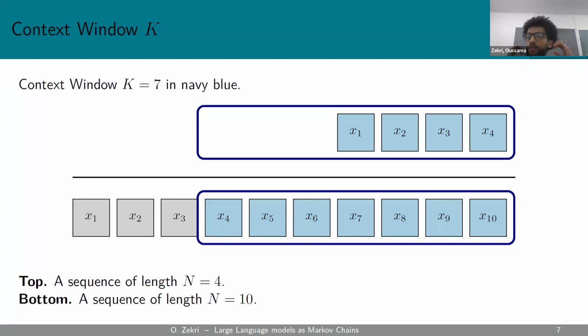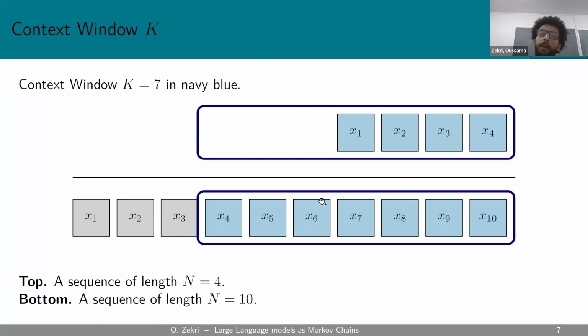This is really specific to the transformer architecture. With this architecture, you have this fixed number k, and you cannot produce probabilistic outputs if you have a sequence with a length greater than or equal to k. So it was just a quick recap about the context window.